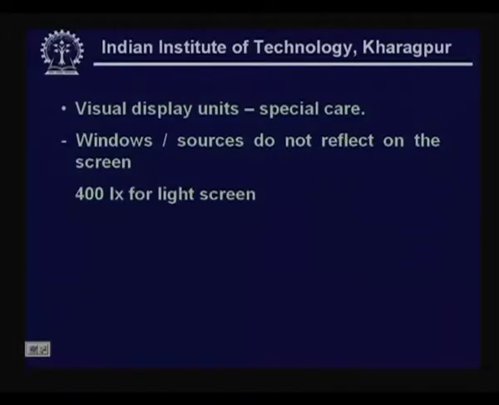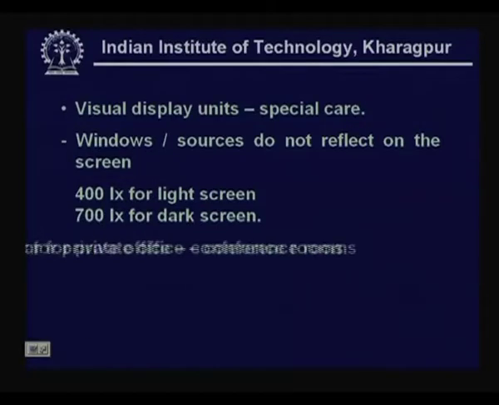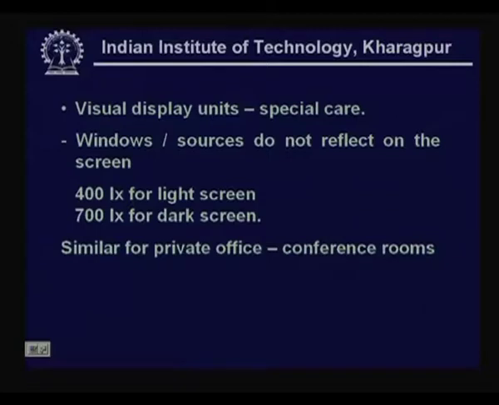It is believed that an illuminance of about 400 lux from a light located in the opposite direction of the screen is recommended. If the screen is very dark, one could have about 700 lux, and a similar requirement is used for private offices and conference rooms.